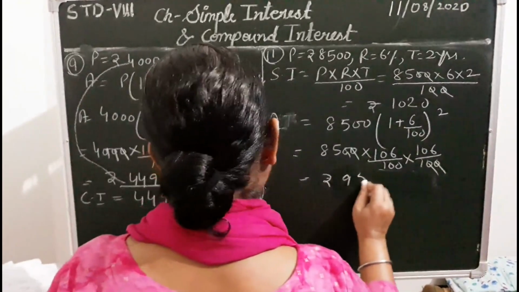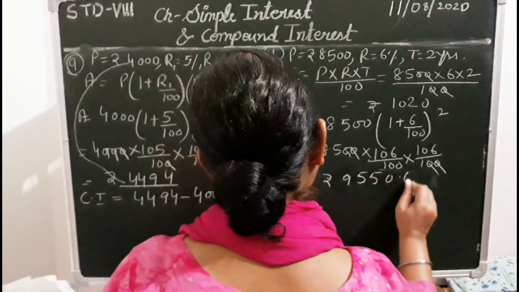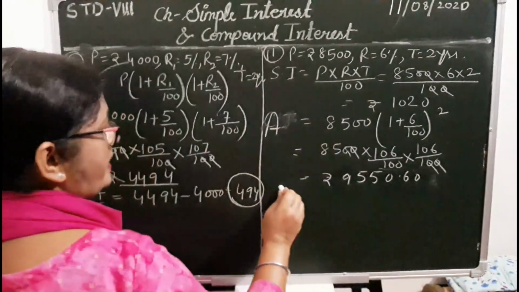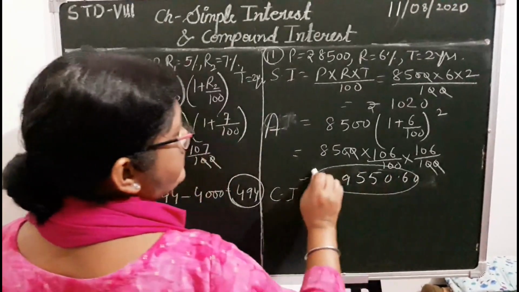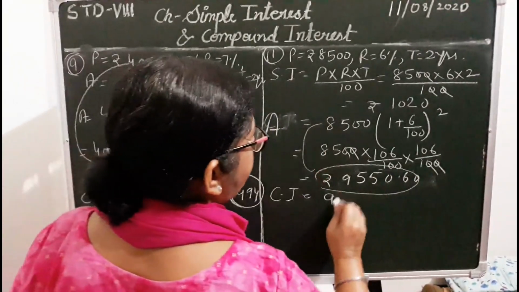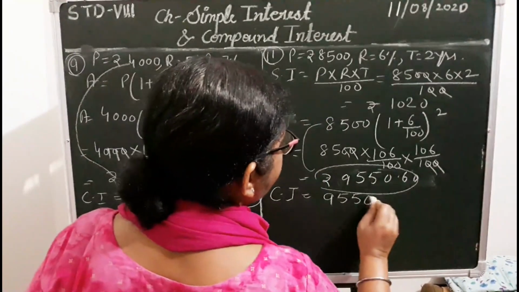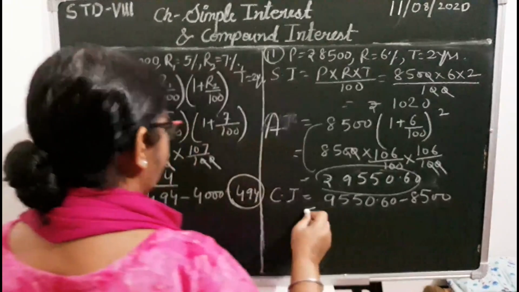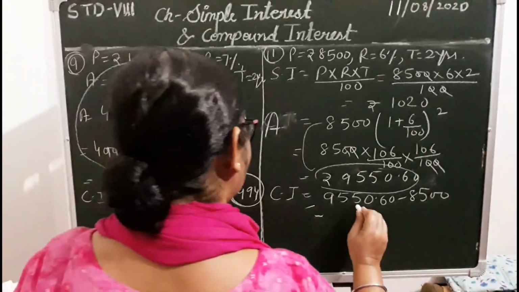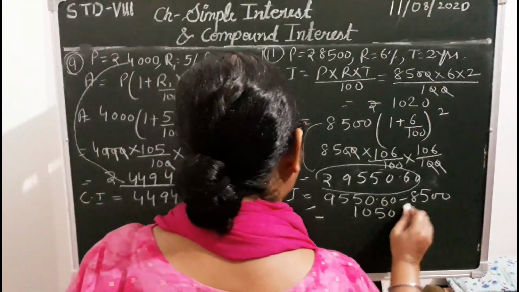Rupees 9550.60. This is the amount, and compound interest is A minus P, 9550.60 minus 8,500 is 1050.60.